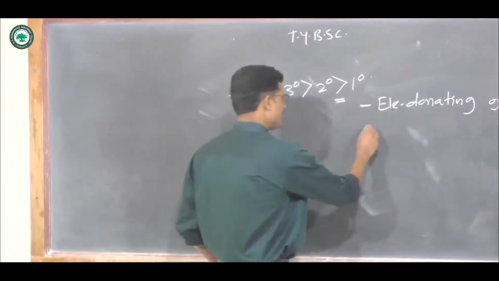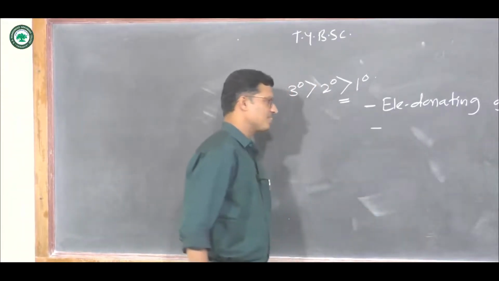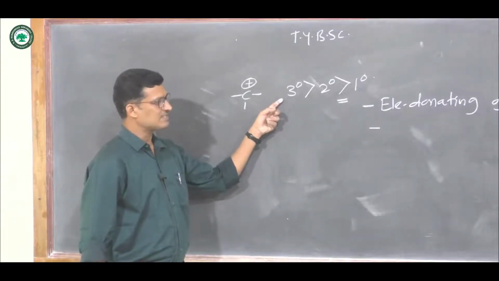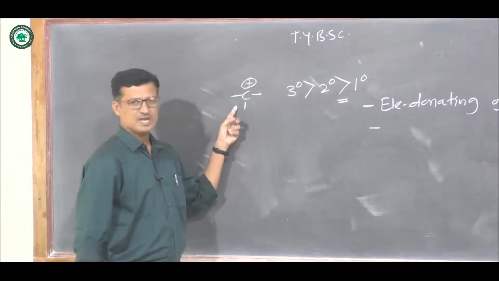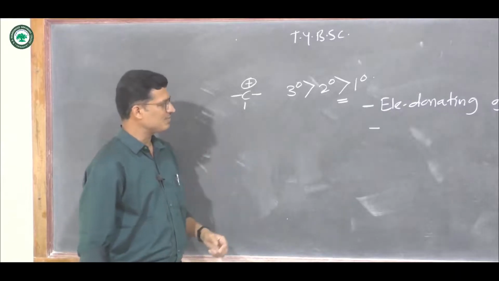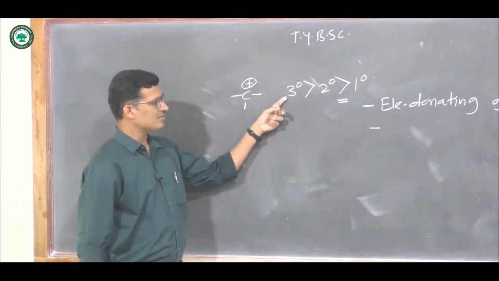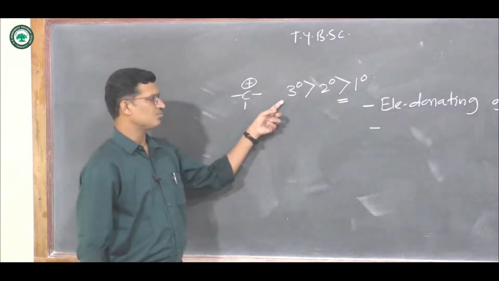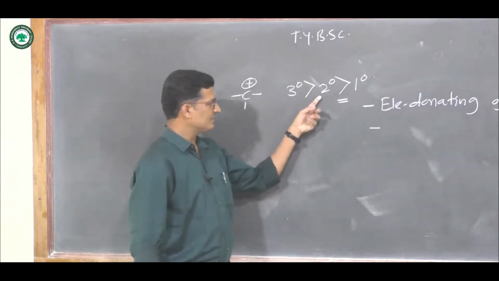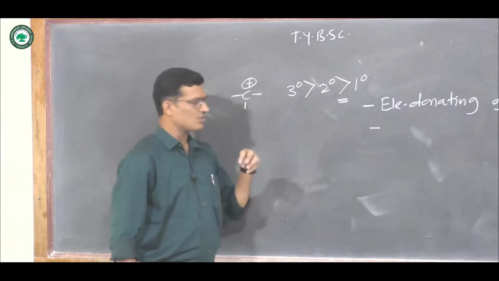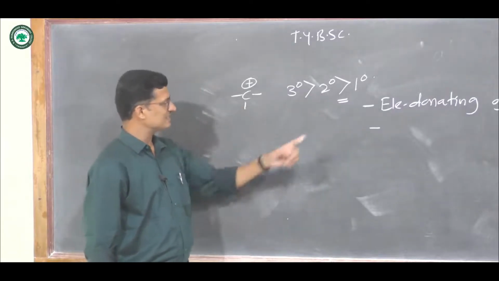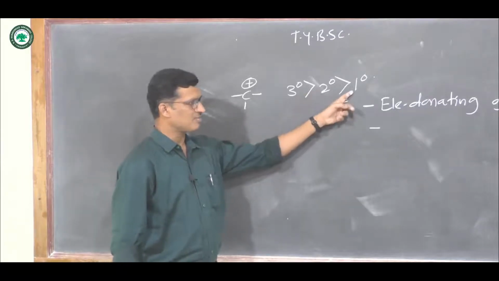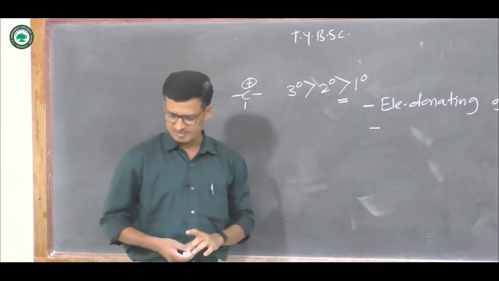With more alkyl groups, the stability is greater, and the carbocation is also stabilized by hyperconjugation. In a secondary carbocation the electron donating groups decrease, so its stability decreases, and the primary carbocation is least stable.